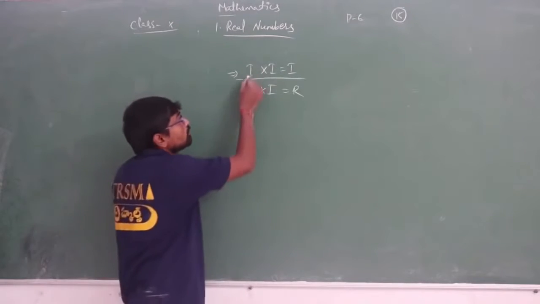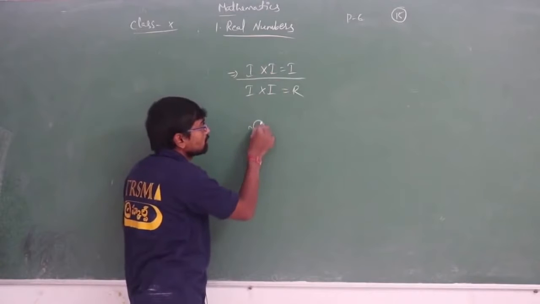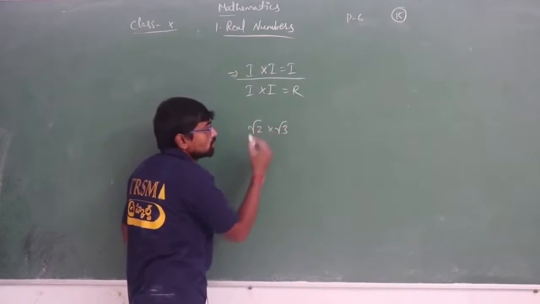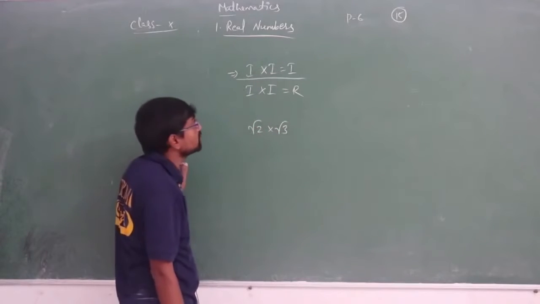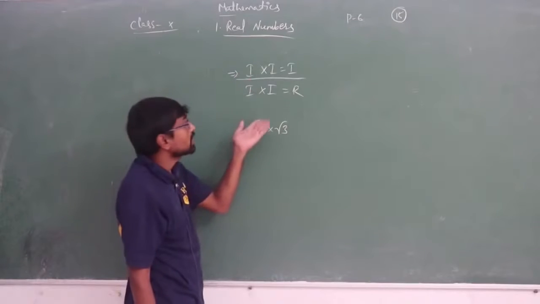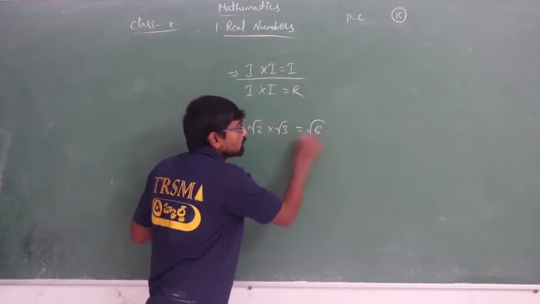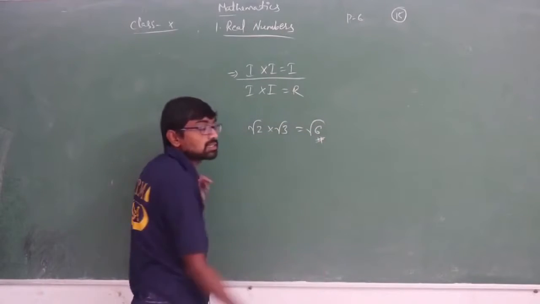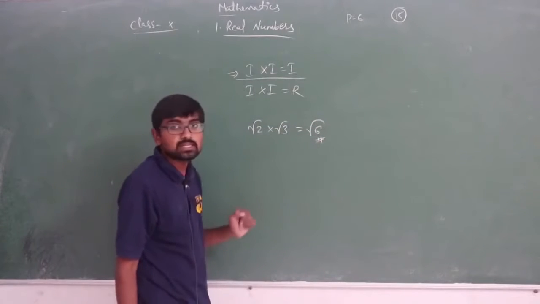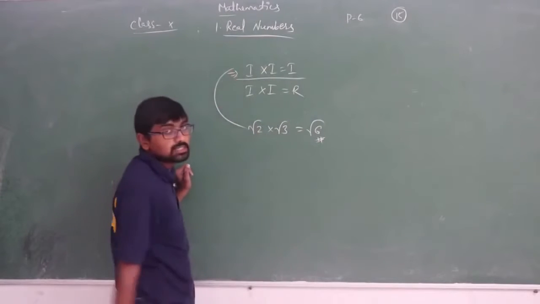How, sir? If you multiply two irrational numbers, that is root 3 into root 2 or root 2 into root 3. First irrational is root 2, second irrational is root 3. If I multiply both, what am I getting? Root 6. Now tell me, root 6 is rational or irrational? Irrational. It is applicable for the first condition.